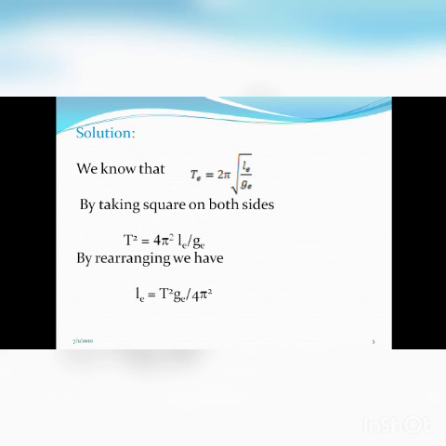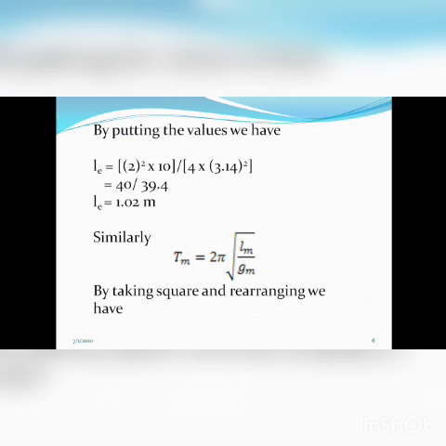By rearranging we have the expression for LE: LE is equal to T square GE over 4 pi square. By putting the values, we find the length of the simple pendulum on Earth is 1.02 meter.